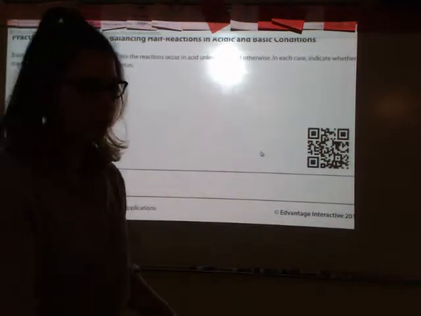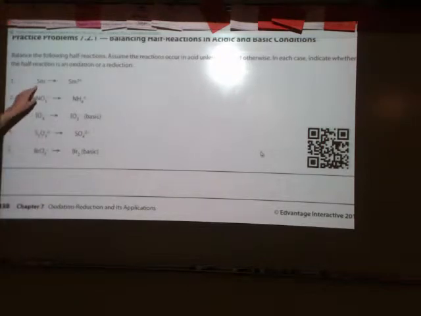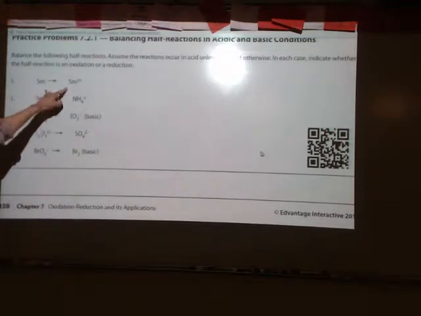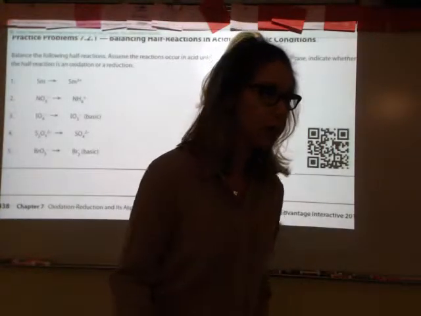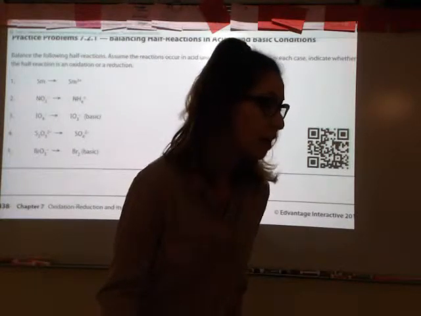For this first half reaction, if we're following the steps, step number 1 says balance atoms other than hydrogen and oxygen. Don't I have one of the same metal on each side? So those are already balanced. Step number 2 says balance oxygens by adding water. Do we have any oxygen? No. Step number 3, balance hydrogen. Do we have any hydrogen?